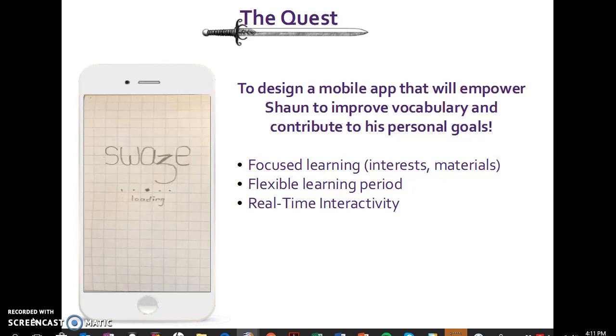Also, the app would adapt to his busy schedule, where he can plan around his schedule to accommodate his learning. One thing that was key was real-time interactivity, because for him, learning a language involves getting real-time feedback, being able to ask questions and have discussions in real time. That was really key for him. Those are the benefits and features I wanted to focus on in my mobile app.